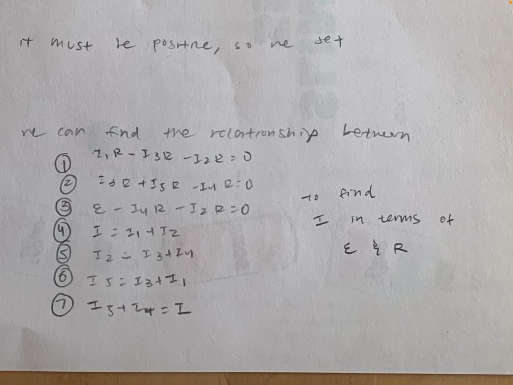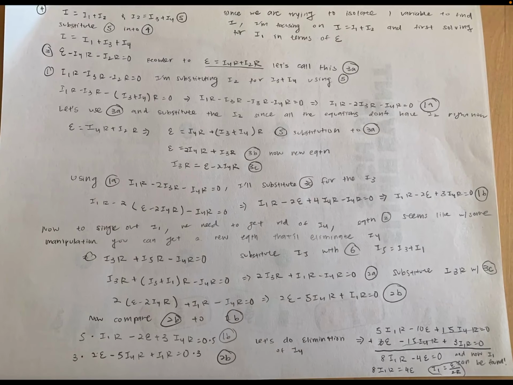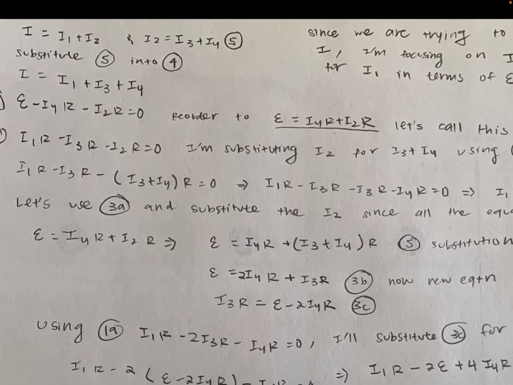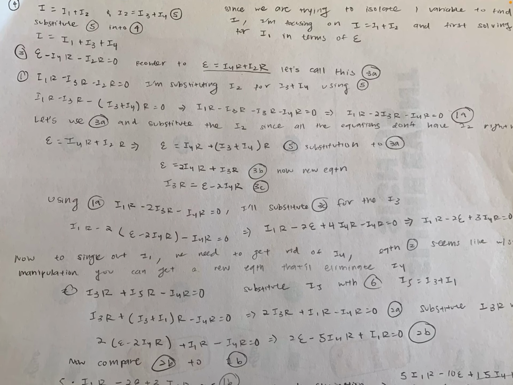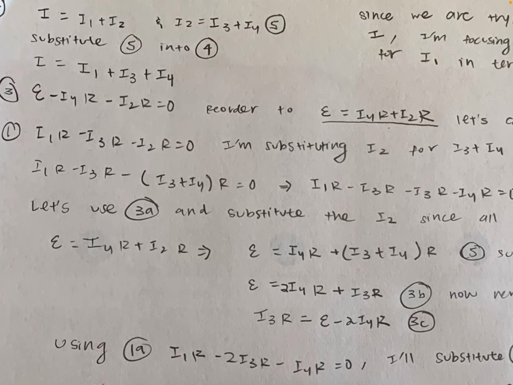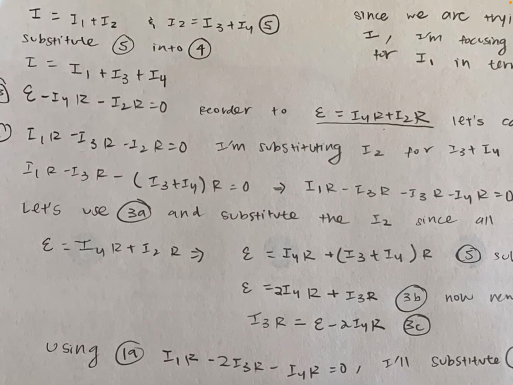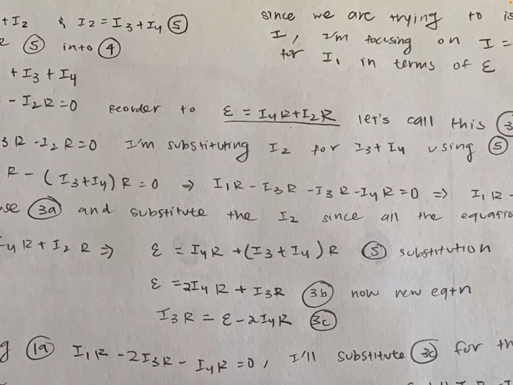And now we're just going to find I in terms of E and R. Starting off with equation number 4, we're going to use I equals I1 plus I2, and I2 equals I3 plus I4, which is equation 5.